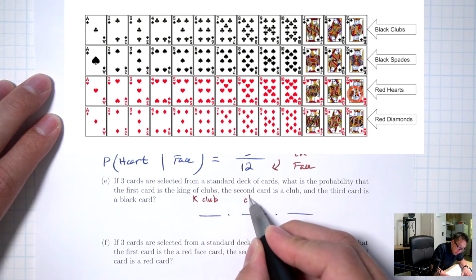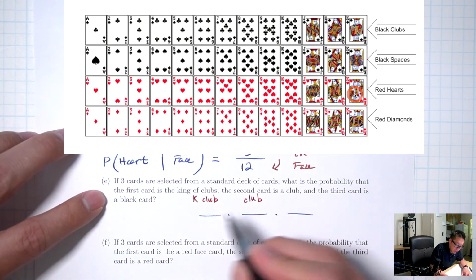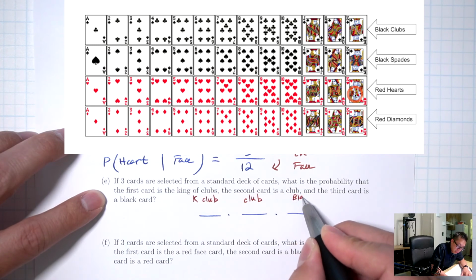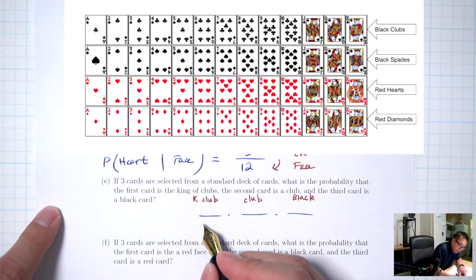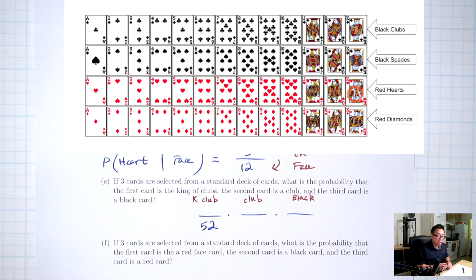Second club. Third black card. All right, so let's start with the first fraction. First fraction, bottom's going to be the total. And then how many are king clubs? First row here is clubs, king. That's it, just 1.